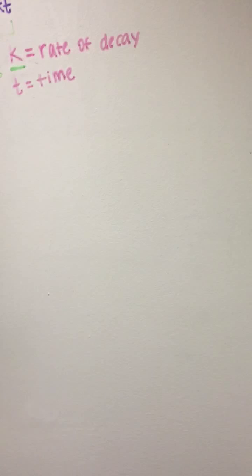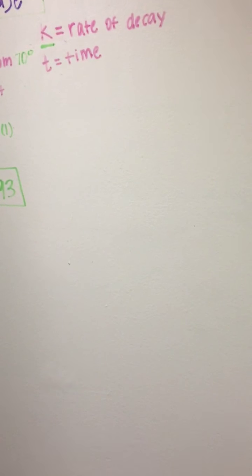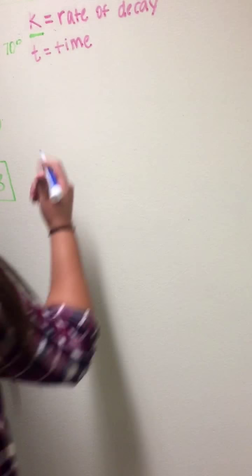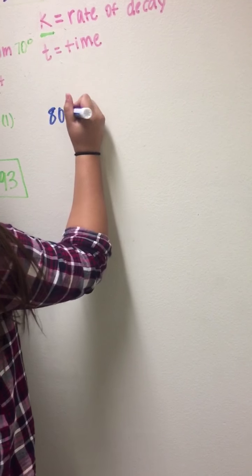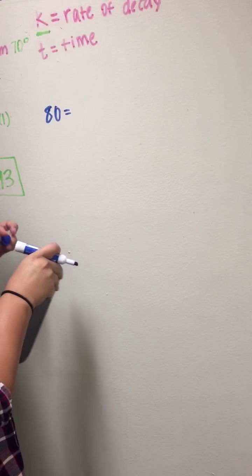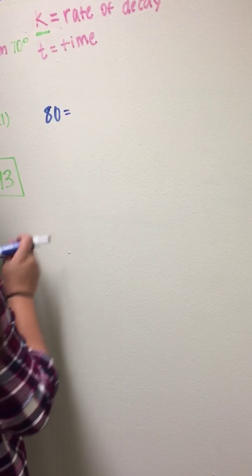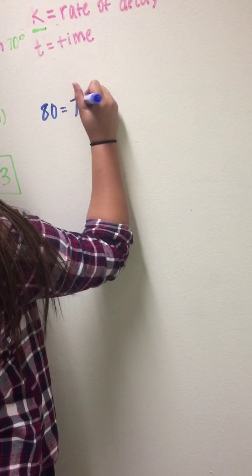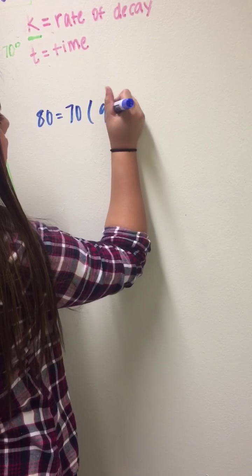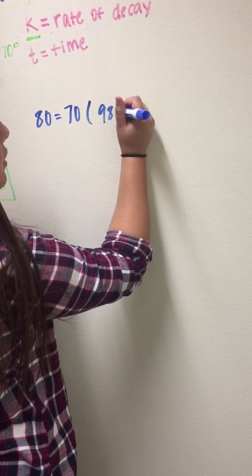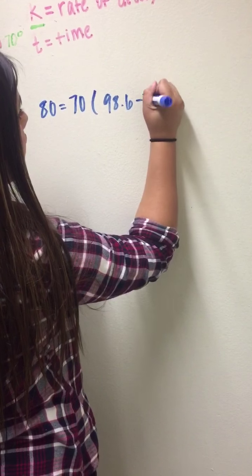So in doing that, we're going to use 80. So 80 is the temperature of the body at 6 when they first find him. And then we have 70, which is the temperature of the room. And then we're going to use 98.6 right here because this is the initial temperature of the body.